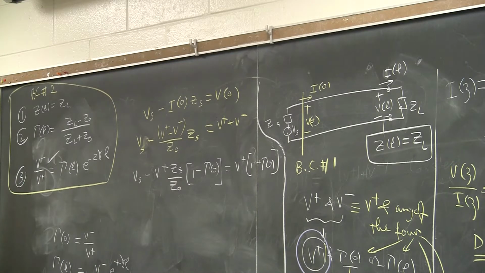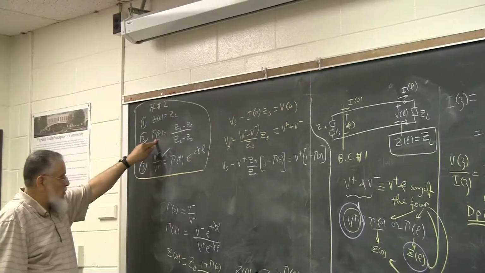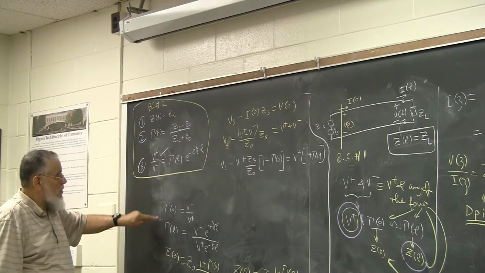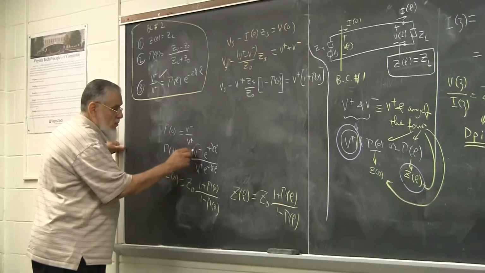Do I know gamma of 0? If I know gamma of L, I know gamma of 0, because gamma of L and gamma of 0 are related to each other right there. So I replace gamma of 0, which is right there, that's gamma of 0.